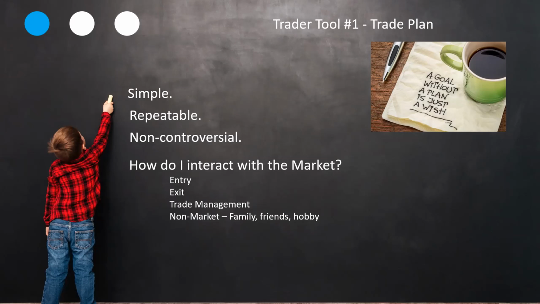And on Friday afternoons, I like to post in the Discord, okay, I'm up X% for the week. What should I do? Should I do another trade? And then my answer is, it depends on what my trade plan says.